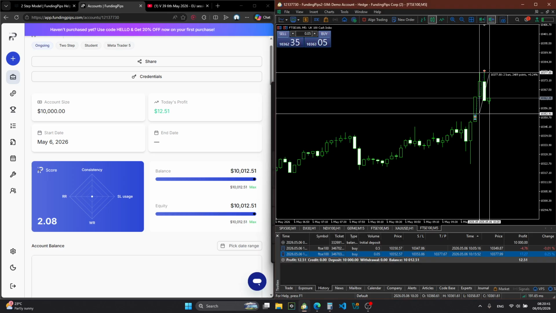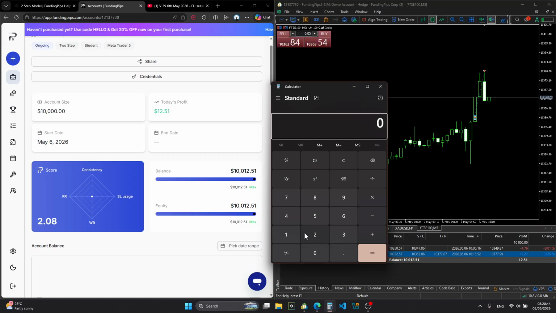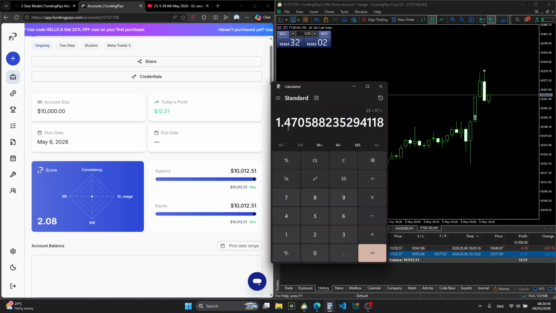If I put 25 points, it gives 17. So 25 divided by 7 is $1.4 per... 0.6, 0.7 is 0.7 per point. What I need is this gives $0.7 per point. What I need is $120, is 6.